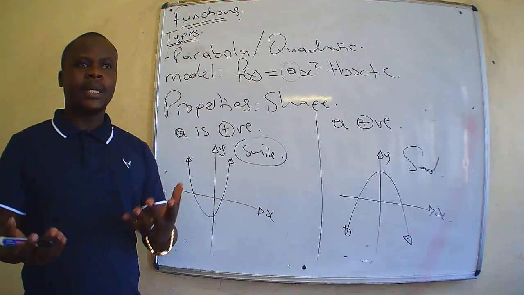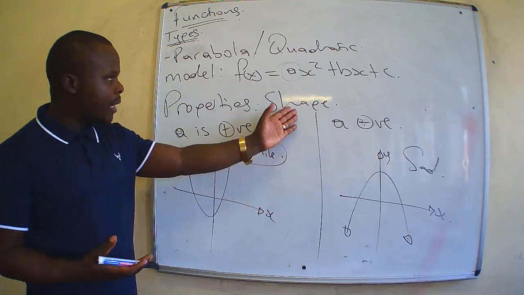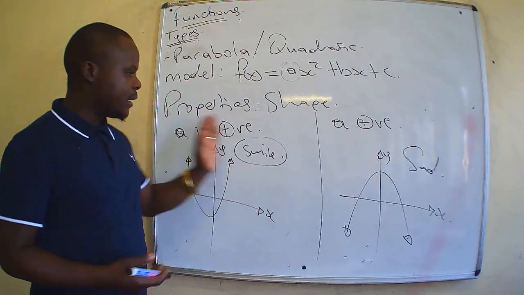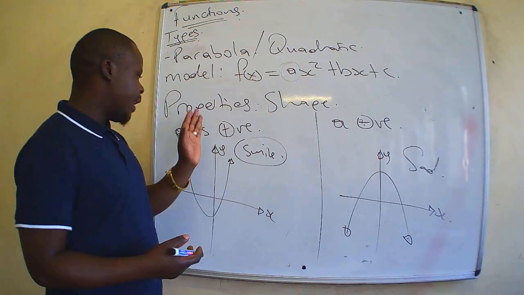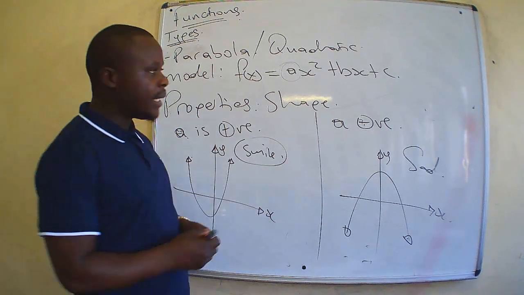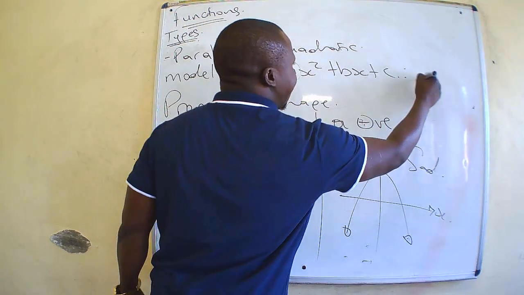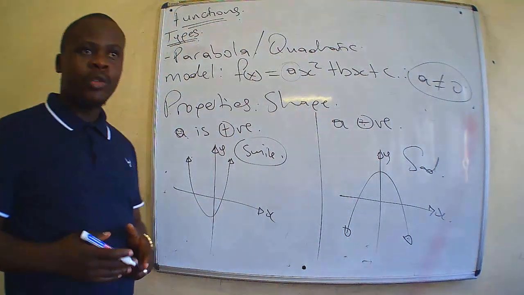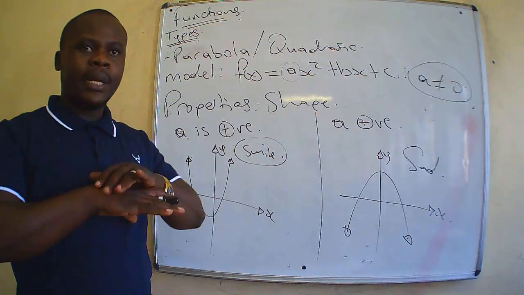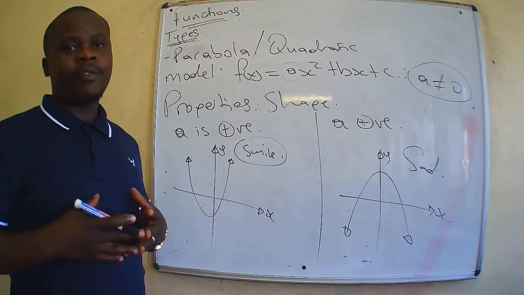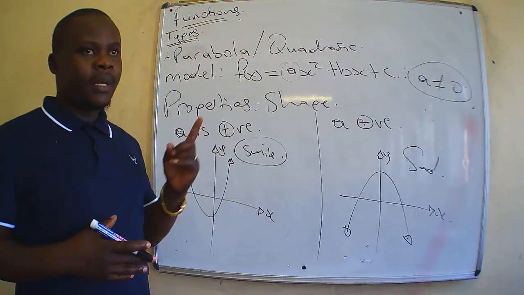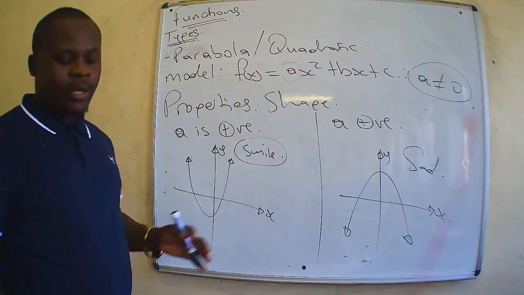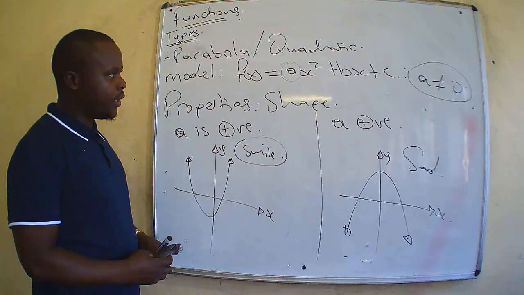So that's basically the shape of a parabola, of a quadratic function, it is guided by these two values of a. A can never be equal to 0. If a is equal to 0, then it ceases to be a quadratic function. It can be negative or it can be positive. So this is about the shape.